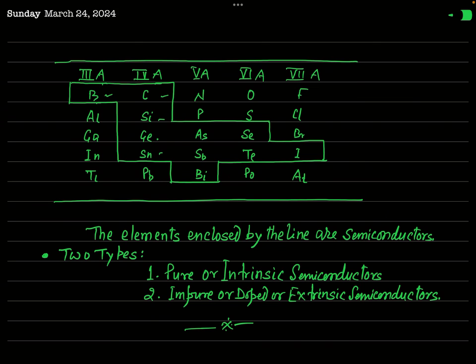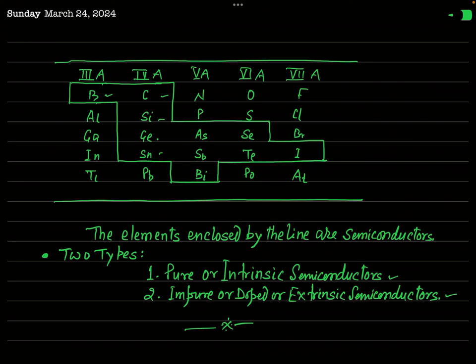Now, as I have told you, semiconductors are basically of two types: pure or intrinsic semiconductors, and impure or doped or extrinsic semiconductors. In our second lecture after this introduction, we will first learn about the properties of pure and impure semiconductors.